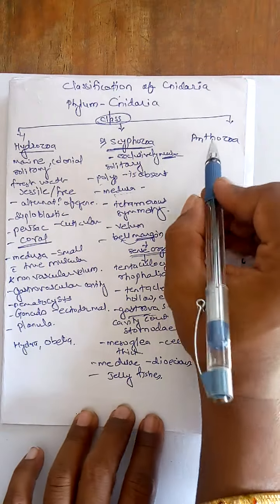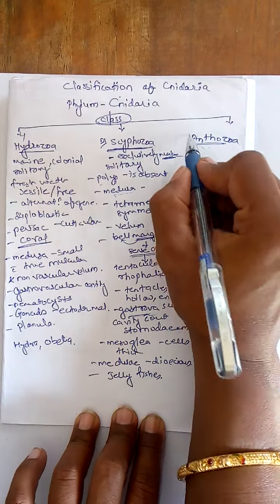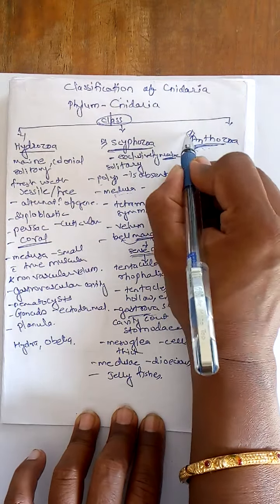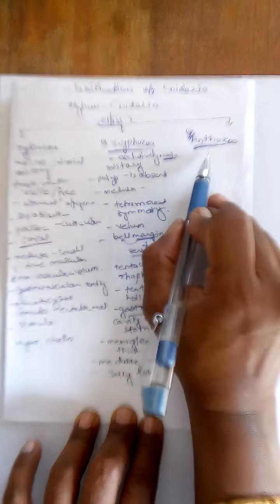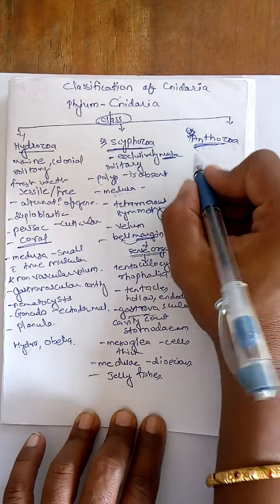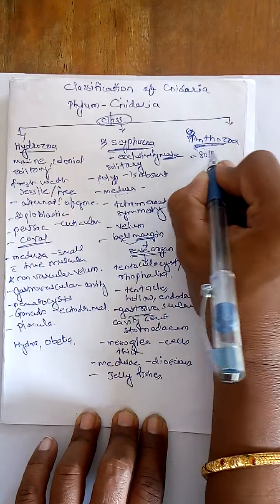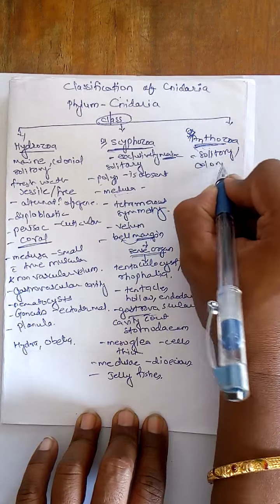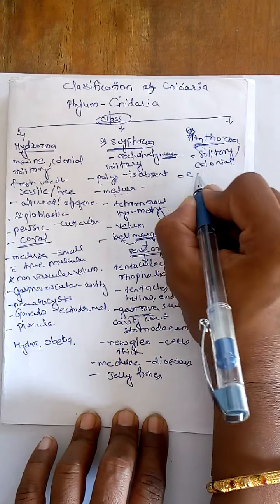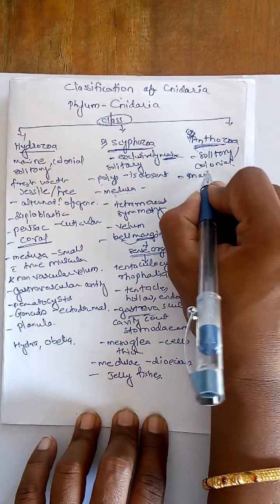Now we study the characters of the class Anthozoa, which is the third class of the phylum Cnidaria. These animals are either solitary or colonial. They are exclusively marine, and are not present in fresh water.